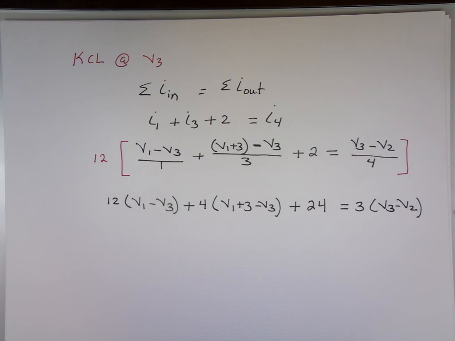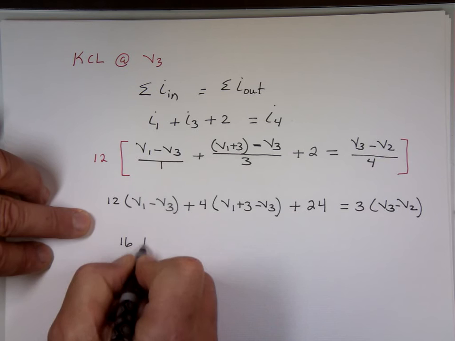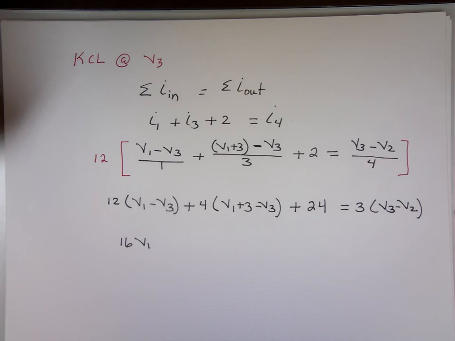Let's combine like terms. 12 and 4 is 16 V1. Let's look at V2.